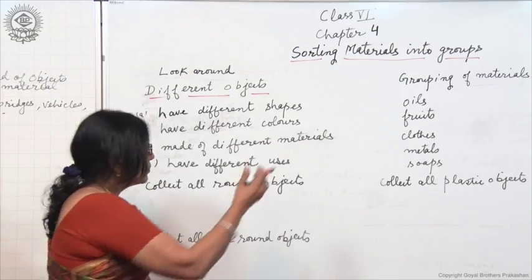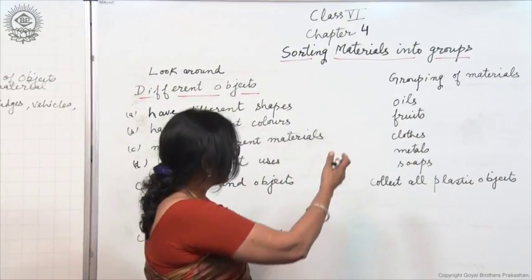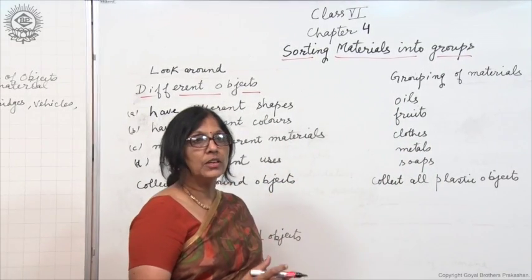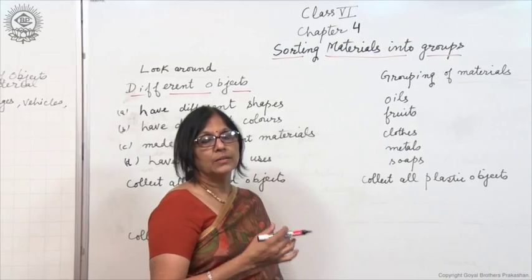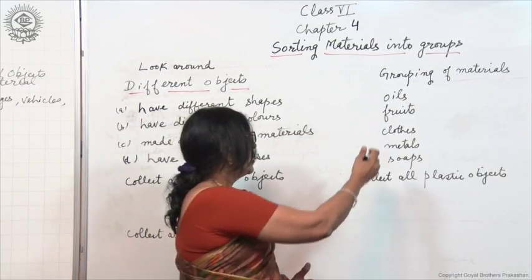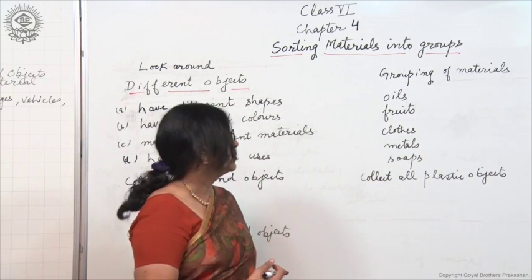So, we can group the materials. Different types of oils in the houses can be grouped together, like olive oil, mustard oil. Grouping of fruits, all the fruits can be kept together.